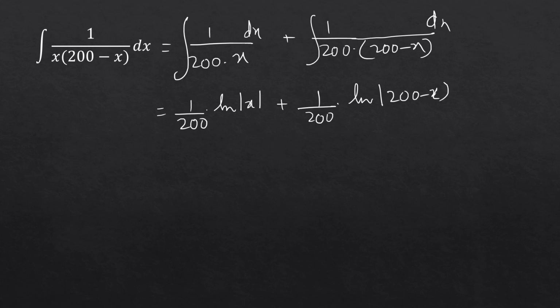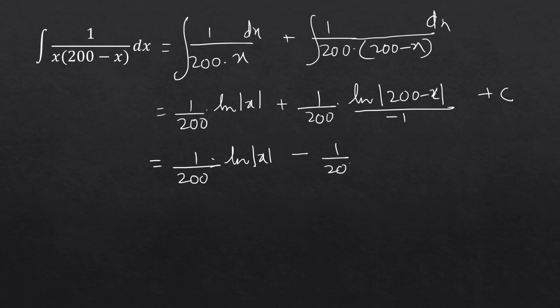And one more thing, you can see over here our variable has a negative sign, so we will divide it by minus 1 plus c. So my final answer is going to be 1 over 200 times ln of mod x minus 1 over 200 times ln of mod 200 minus x plus c, and that's my answer.